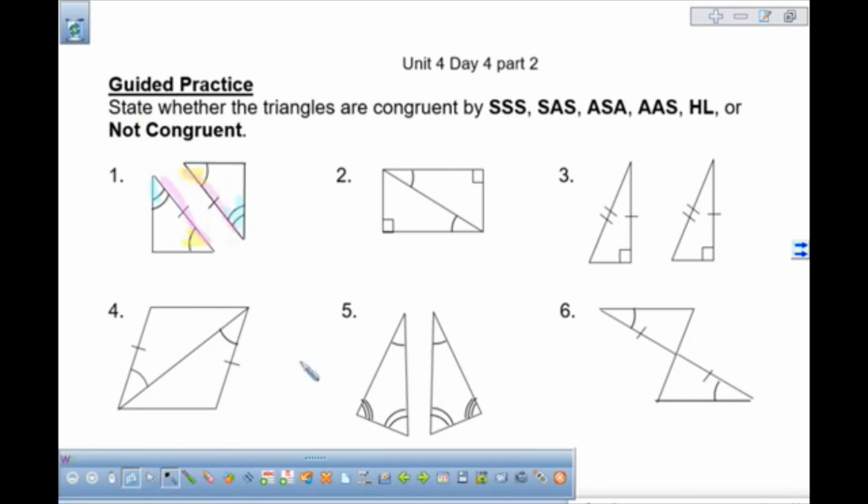So we can automatically get rid of anything that has more than one side. That means we're looking at angle, side, angle or angle, angle, side. And then we need to look at our side. Is that side being made by those angles or not? It is being made by our angles, so we've got angle, side, angle.